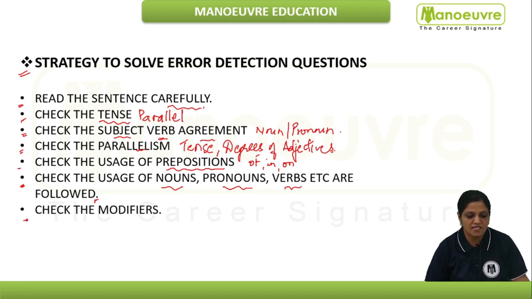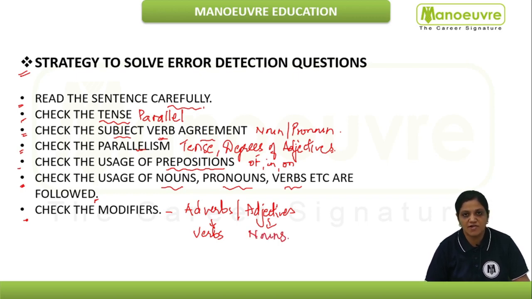And the last thing is check the modifiers. When we say modifiers, it is the adverbs as well as adjectives. Adverbs modify verbs. They give additional meaning to the verb, whereas adjectives modify nouns. So you have to check.